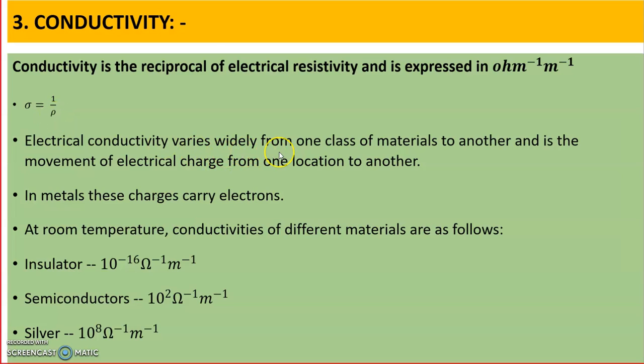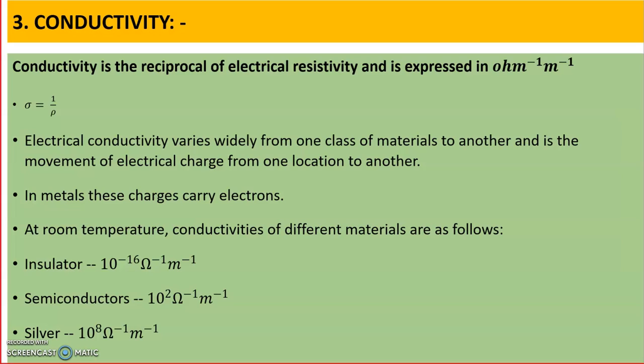Electrical conductivity varies widely from one class of material to another and is the movement of electrical charge from one location to another. So from the name only you can say conductivity. So conduction starts, means current starts flowing. Suppose this is the wire and you can see current is flowing from top to downward.